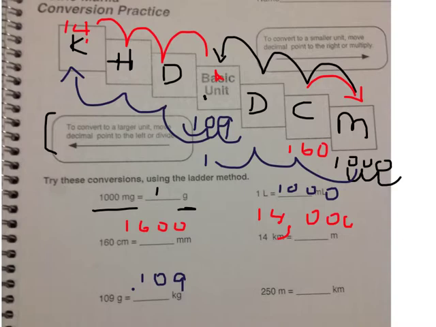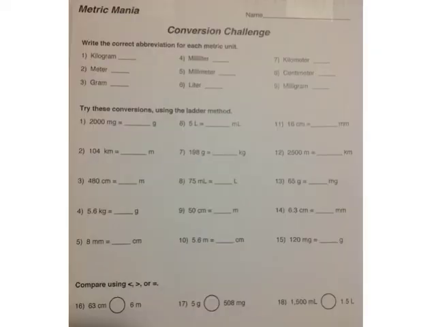Now I'm going to show you what you have for homework, and that's on the next page. Okay, so this is the homework, and all you're going to do for this is write the correct abbreviation for the metric unit. So kilogram, the abbreviation is kg.